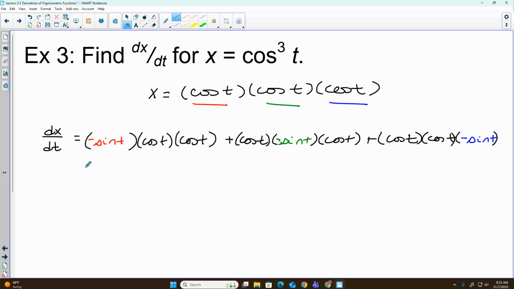Now if I multiply these, I get negative sine t cosine squared t in every one of them.